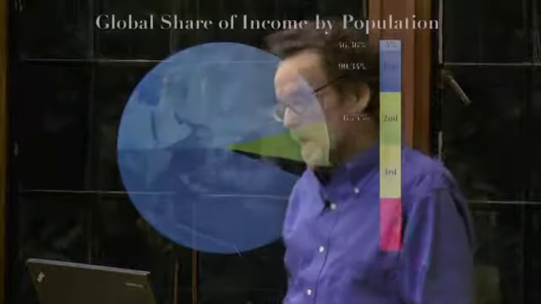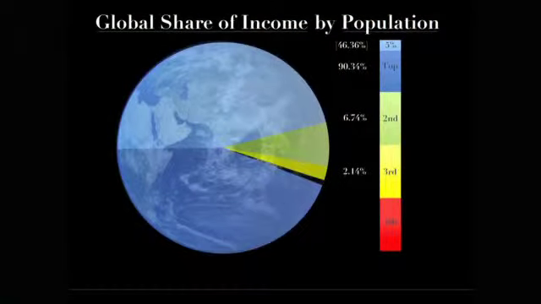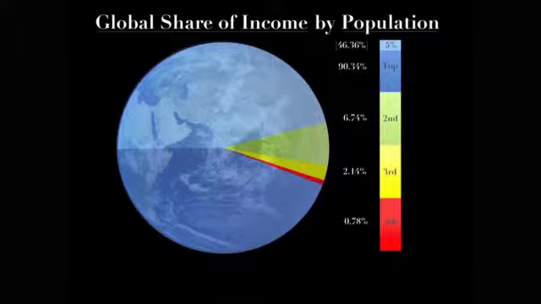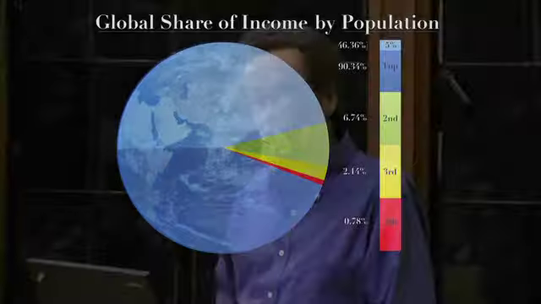And so what you see here now is the top quarter, which includes, of course, all of you. And this is the second quarter, the third, and this is the final quarter, the bottom quarter, with 0.78% of global household income, a very tiny fraction. Even the bottom half together has less than 3% of global household income.